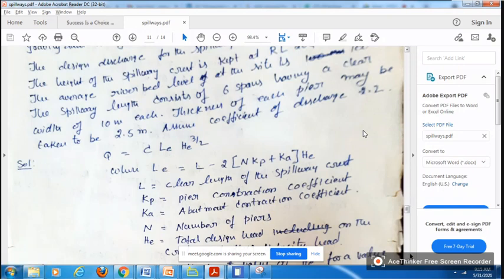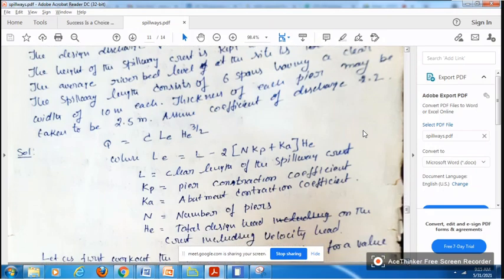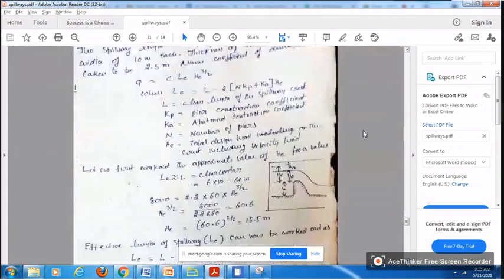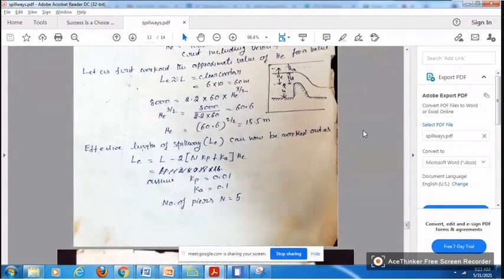So there is no way except a trial and error procedure in this case. First we will assume the effective length is equal to the clear length.